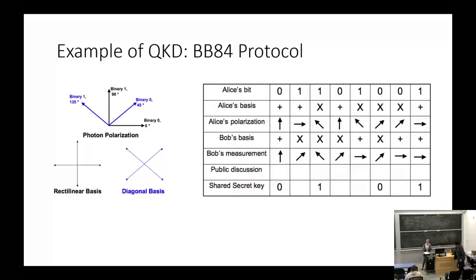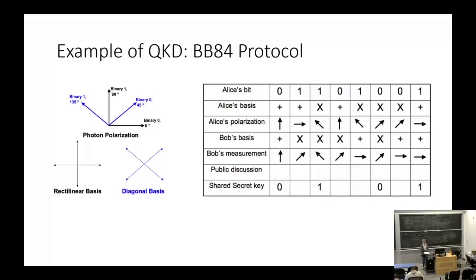If for a particular photon Bob happens to choose the same basis as Alice, then in principle, Bob should measure the same polarization, and so he can correctly infer the bit that Alice was intending to send. If he chose wrong, his result, and thus the bit he reads, is going to be random. All right, so that's phase 1 of our protocol.